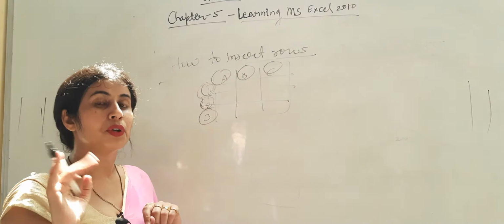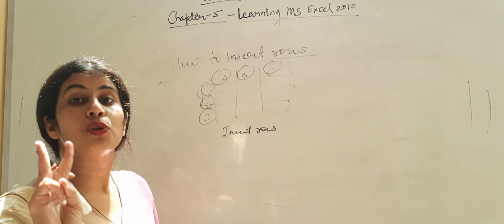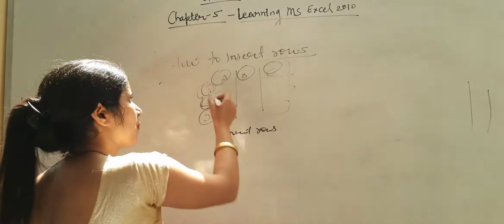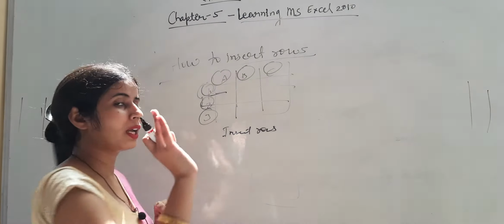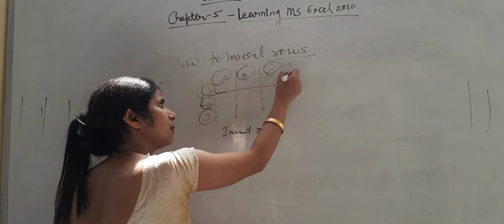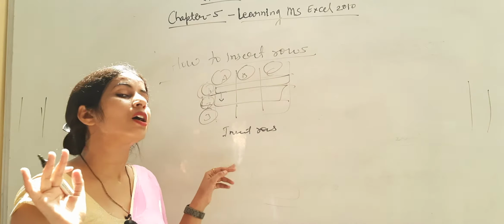When I right click, it will ask me to insert a row. Then it gives you 2 options, insert above and insert below. Suppose I want to insert a row here: insert above means the row will be inserted here, and if I choose insert below, it will insert a row downside. So in this way you can directly insert the rows.